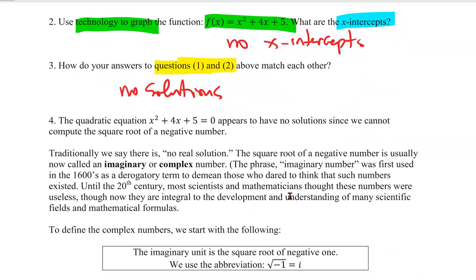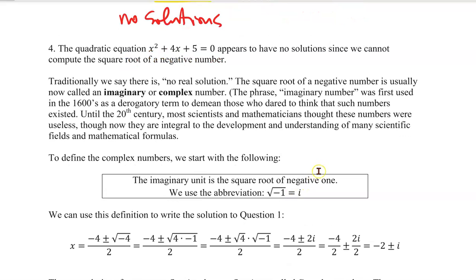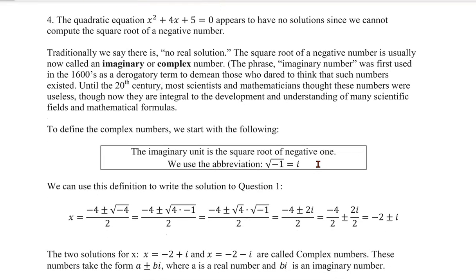Okay, number 4. The quadratic equation x squared plus 4x plus 5 equals 0 appears to have no solutions since we cannot compute the square root of a negative number. And that's what happened for number 2. Traditionally, we say there is no real solution.